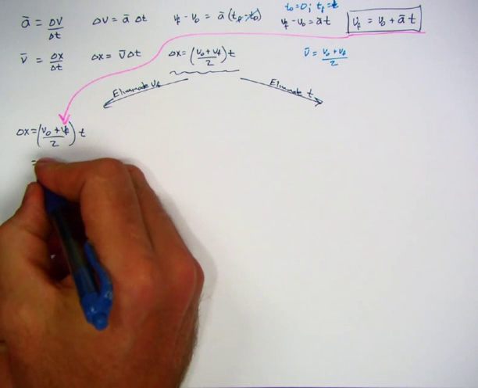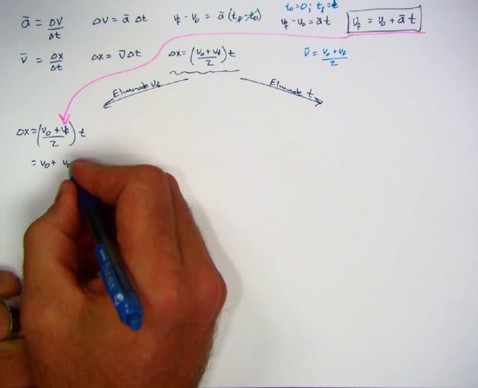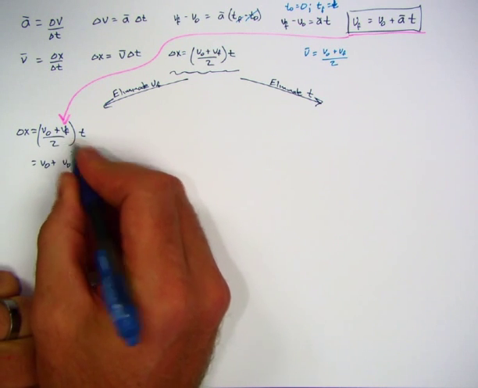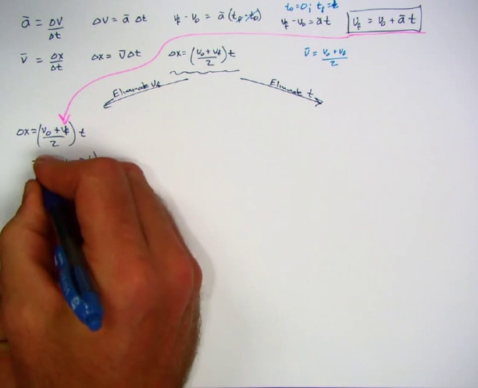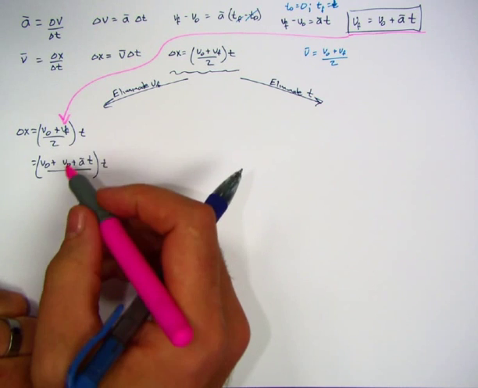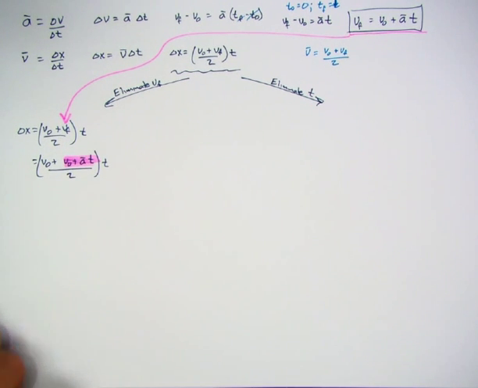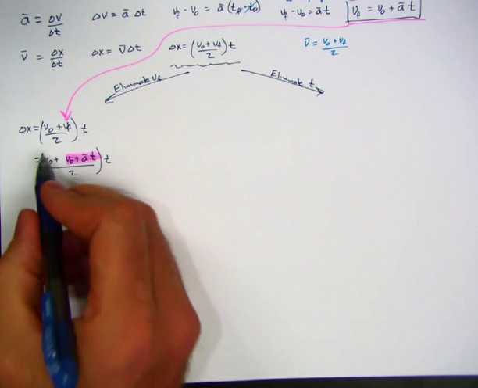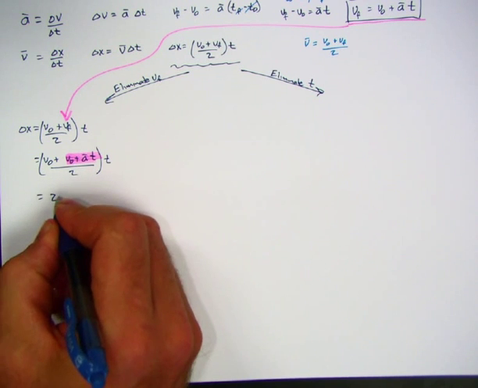So I'm going to get v0 plus v0 plus a t over 2, all of that times time. We notice that my v final is just right here. I just made that substitution. So now we can simplify. I've got v0 and v0, so that's 2 v0s. So I've got 2 v0.